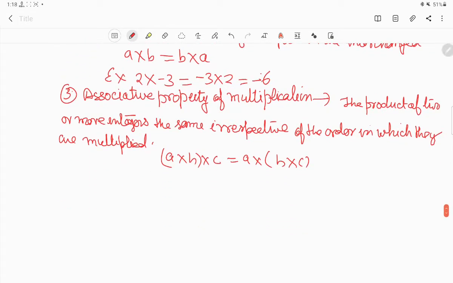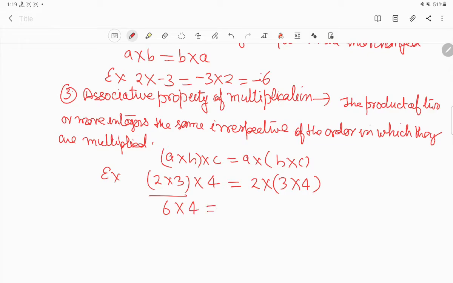See the example, 2 into 3 into 4 is equal to (2 into 3) into 4. It means you multiply the first two, that is 6, and then multiply the third, which is equal to, if you multiply the last two and then the first, that is 24 only. This property is called the associative property of multiplication of integers.